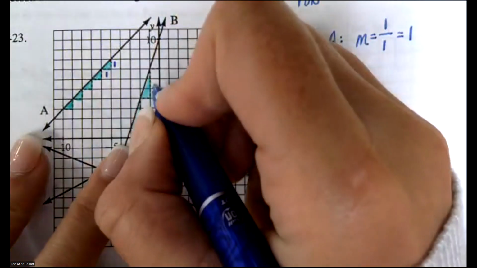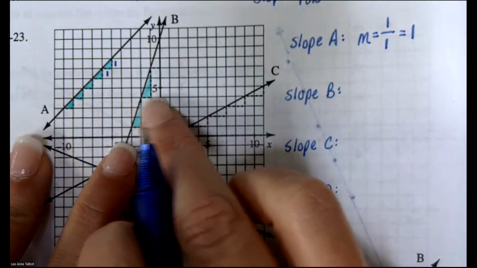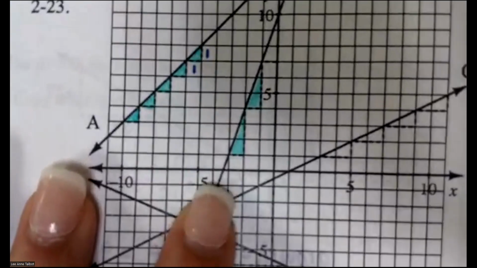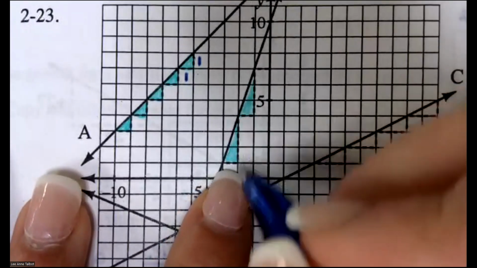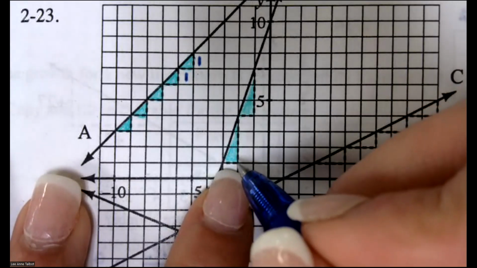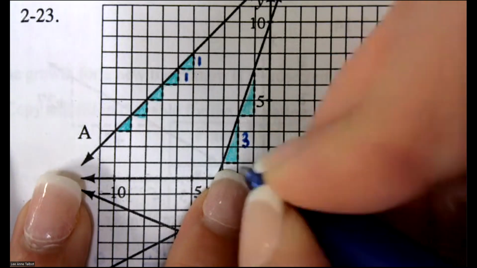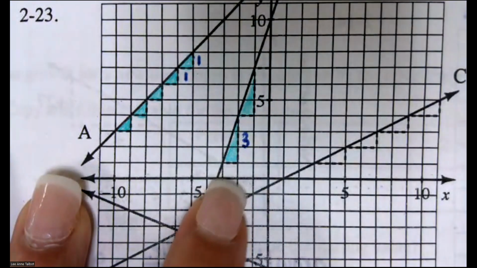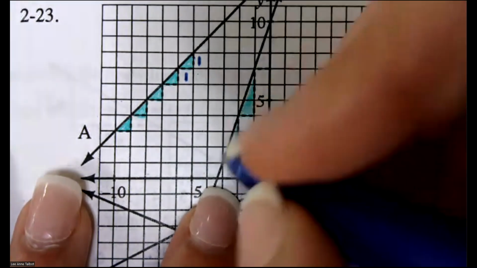Okay, I'm not going to label this triangle right here because it's right next to the 5 and I think that's confusing. Let's zoom in. How many boxes high is this triangle? 3. How many boxes wide is this triangle? 1. Okay.